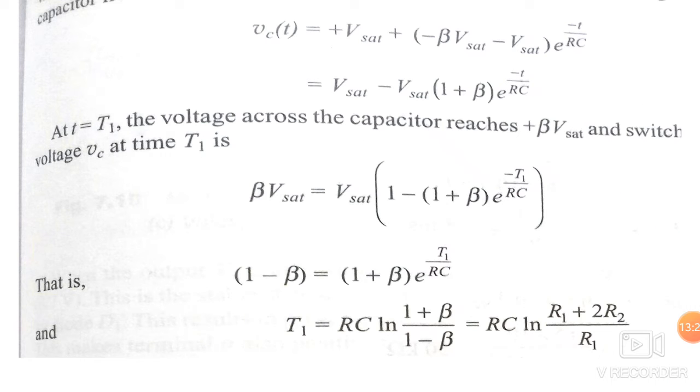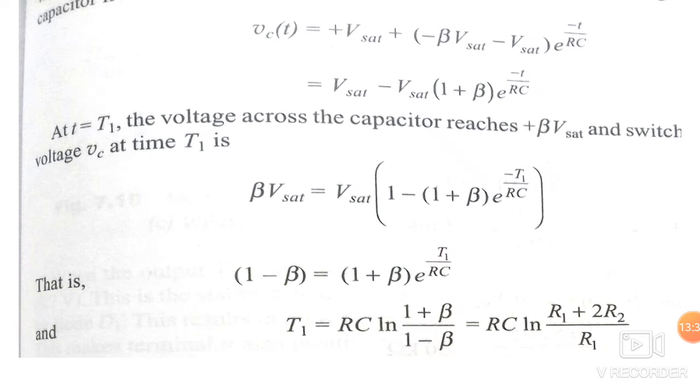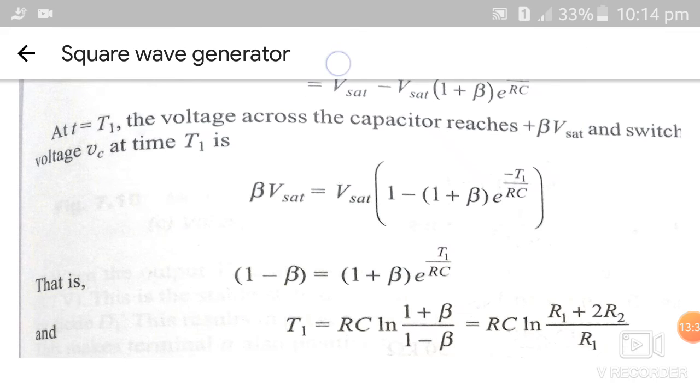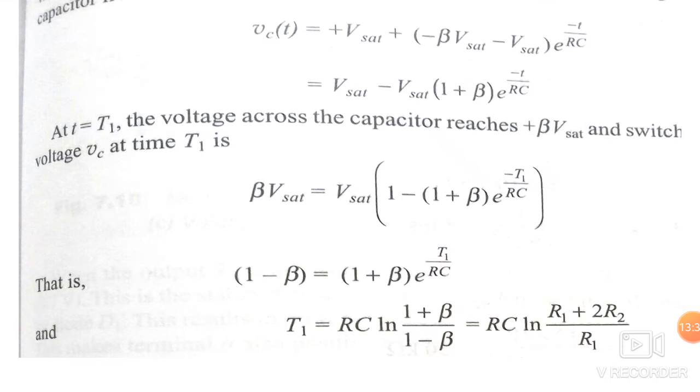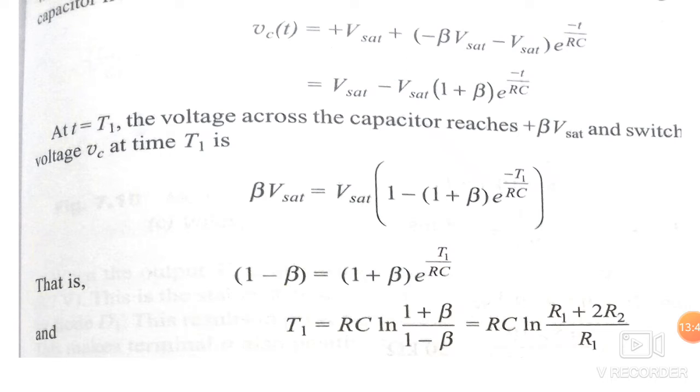So VC(t), the capacitor voltage, is defined as V final plus (V initial minus V final), that is V final plus V initial, that is minus beta Vsat, minus V final, that is Vsat, into e power minus t by RC.